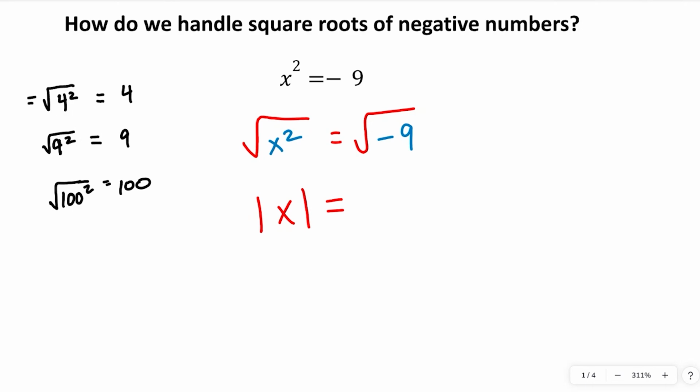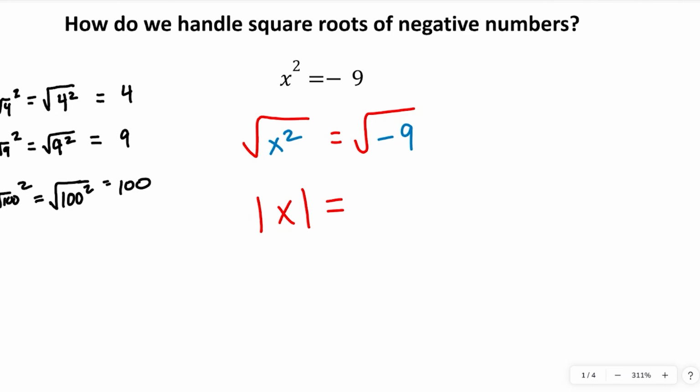The square root and the square, it doesn't really matter what order you do those in. You could do the square root first, or you could do the square first. So for instance, the square root of 4 squared, you can think of that as the square root of 4, quantity squared. Or the next one, the square root of 9, quantity squared. Or the square root of 100, quantity squared.